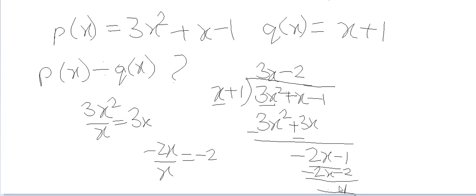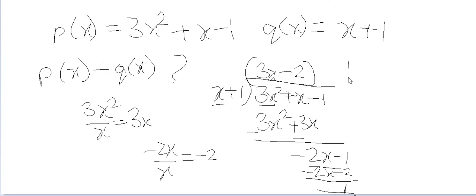So whenever the degree here becomes less than the degree of our divisor, we stop our division then and there. The remaining term is our remainder. So p(x) divided by q(x) gives a quotient of 3x minus 2 and the remainder is 1.